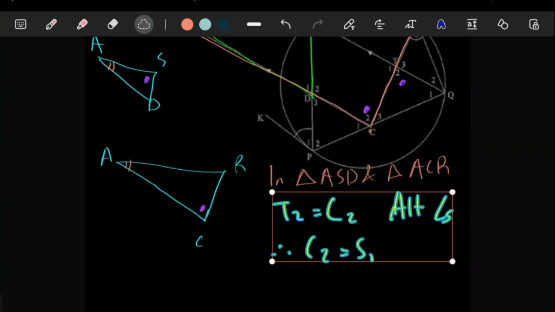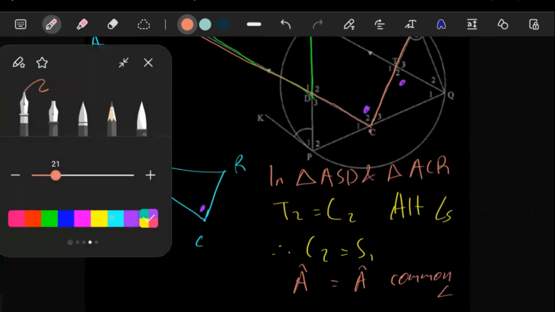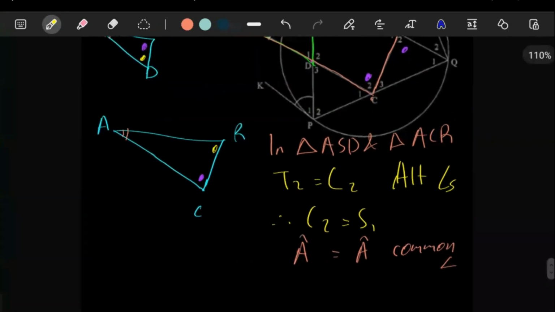That's the first thing. And then the next thing, we can just say angle A is equal to angle A, common angle. And then lastly, we can state that this angle here is equal to that angle there.